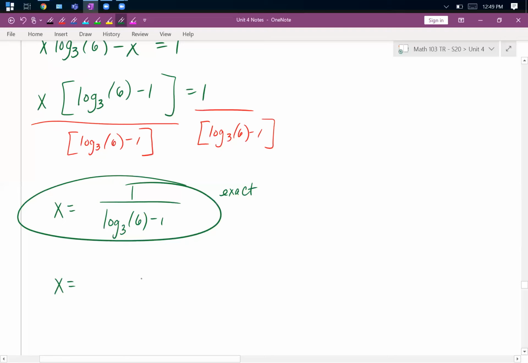We get x equals 1 over natural log of 6 divided by natural log of 3, minus 1. I do not have this decimal on my paper, so I'll need you to do this. Plus, I strongly encourage you to practice using your calculator. You don't want to wait until you get to your test and then you can't use your calculator properly.